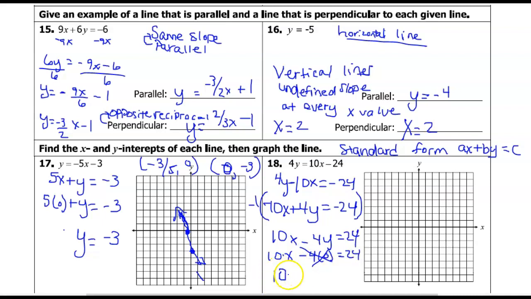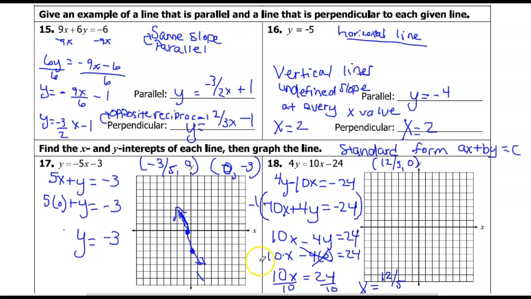And I just have 10x equals 24. Divide both sides by 10. x equals 24 over 10, or let's simplify that. That would be 12 over 5. So my x-intercept happens at 12 over 5, 0.